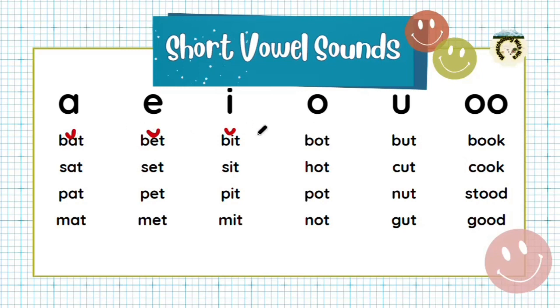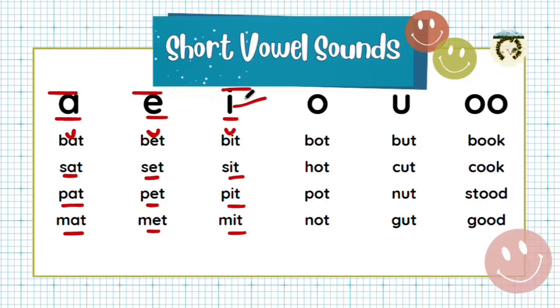Bat, bet, bit, sat, set, sit, pat, pet, pit, mat, met, mit. So this is how we pronounce these sounds.